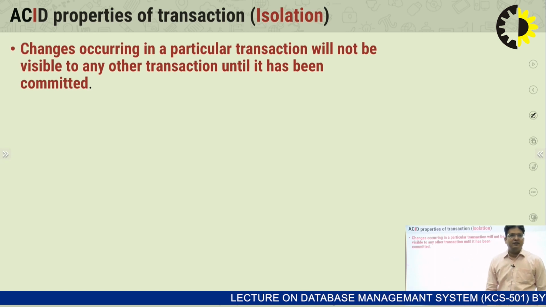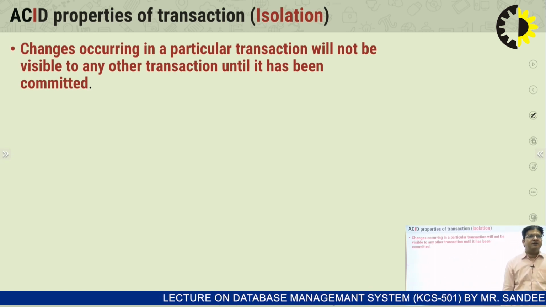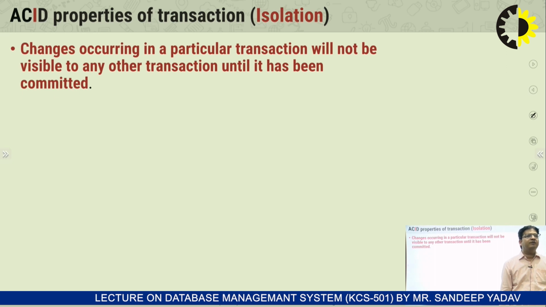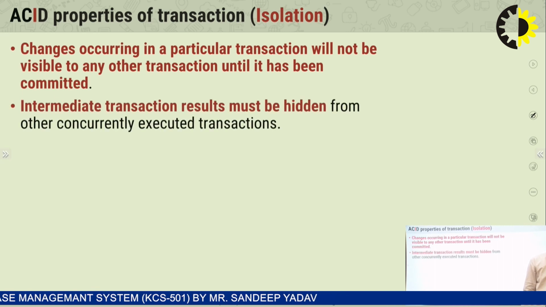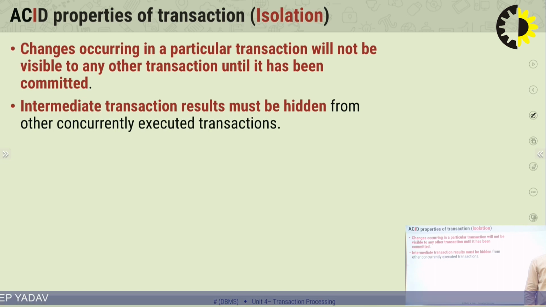Next is isolation. Changes occurring in a particular transaction will not be visible to any other transaction until it has been committed. All the other transactions are not aware what that particular transaction is doing. That is, the intermediate transaction's result must be hidden from other concurrently executed transactions.